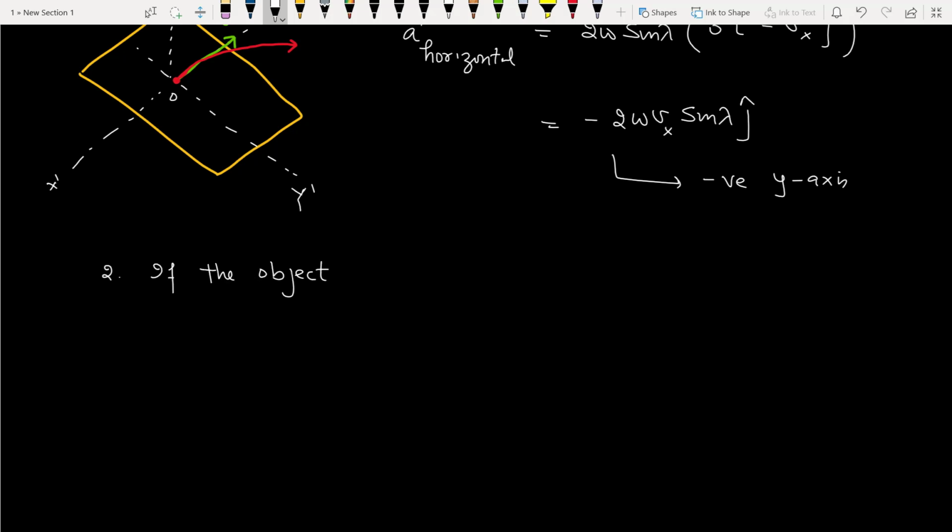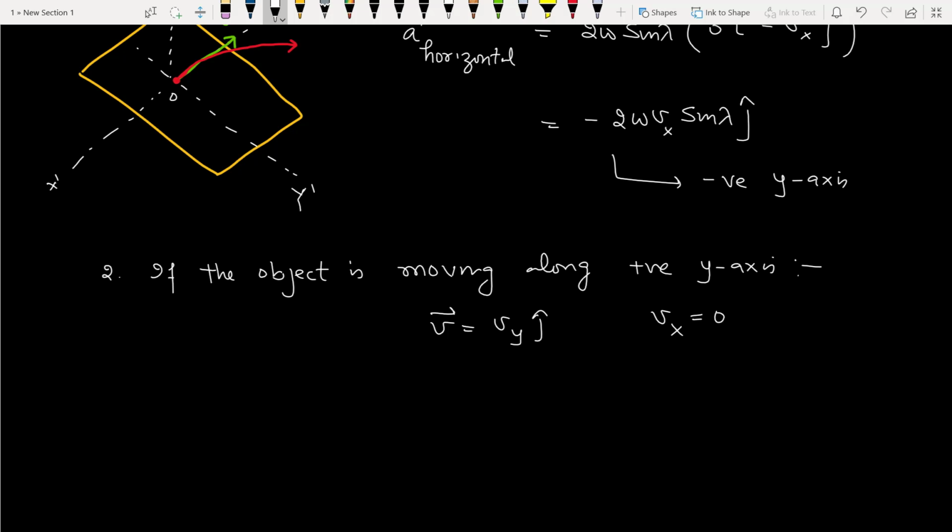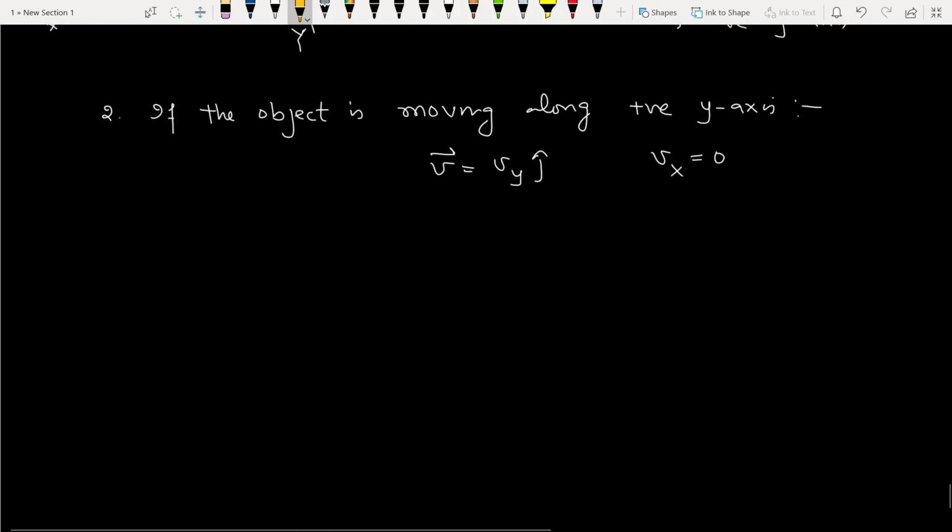Number 2: if the object is moving along the positive y-axis, then what will happen? Here the velocity will consist of only a y component. The x component of the velocity vector will be 0. So we again draw the diagram. Suppose this is the surface of Earth.